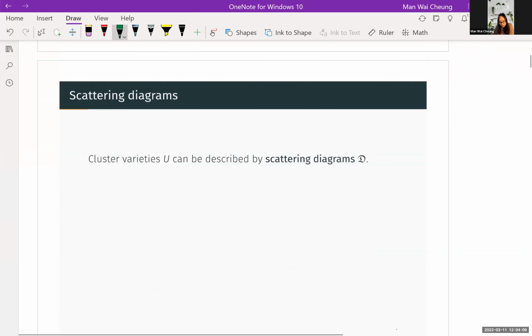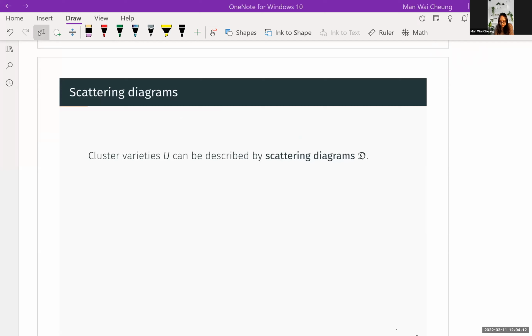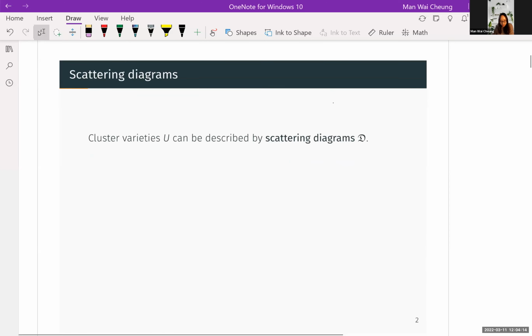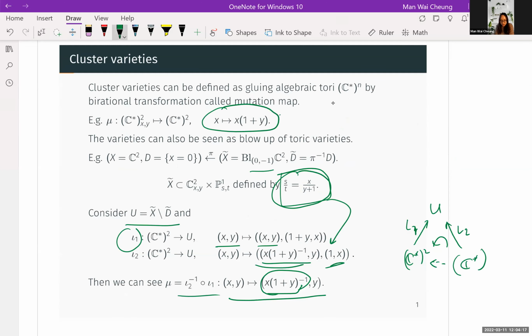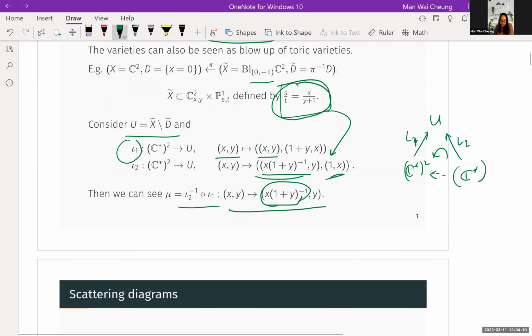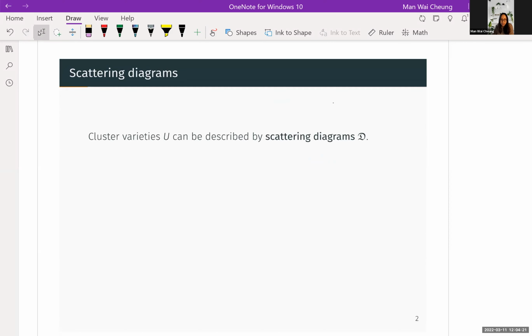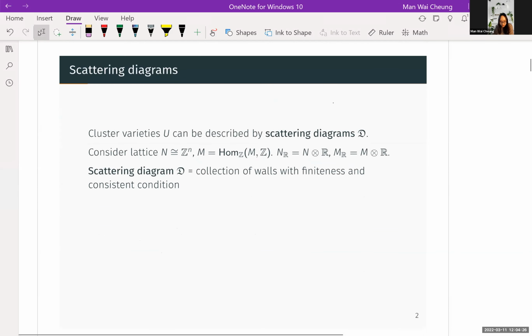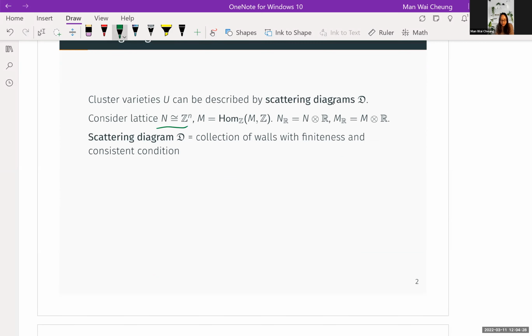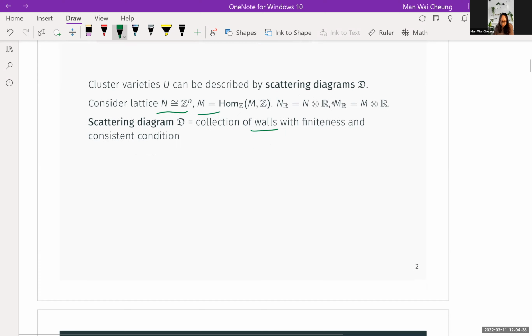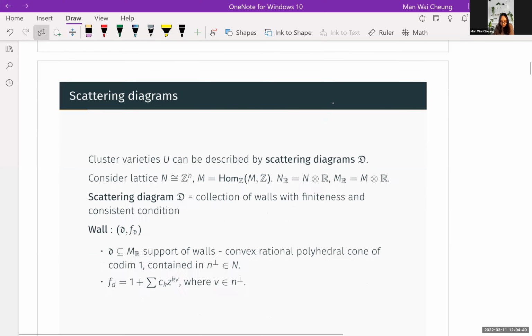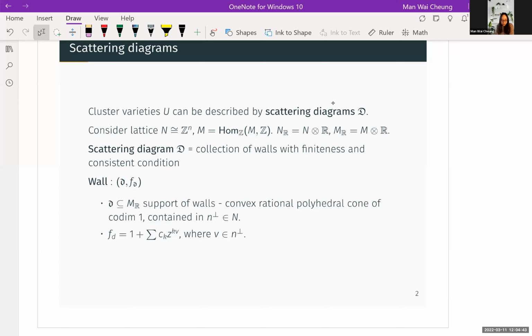The second notion I want to introduce is the scattering diagram, which encodes the combinatorics of a cluster variety. To start with, we consider a rank n lattice, N and M. A scattering diagram is a collection of walls with some other conditions. A wall has two components.